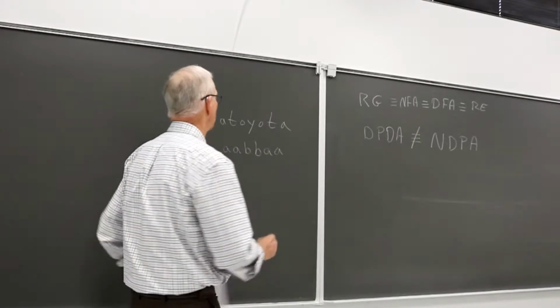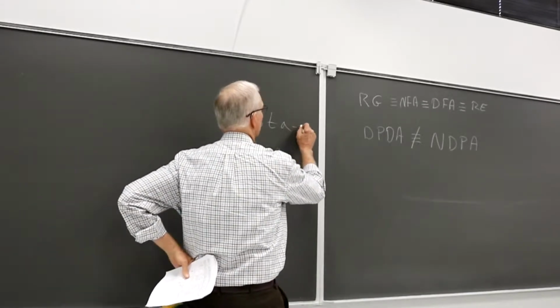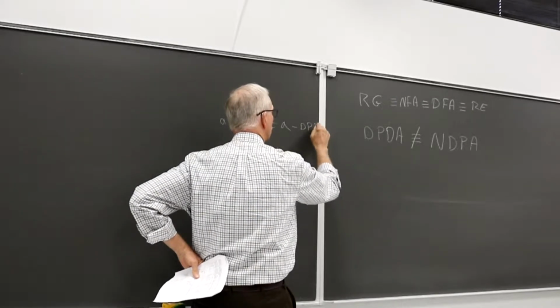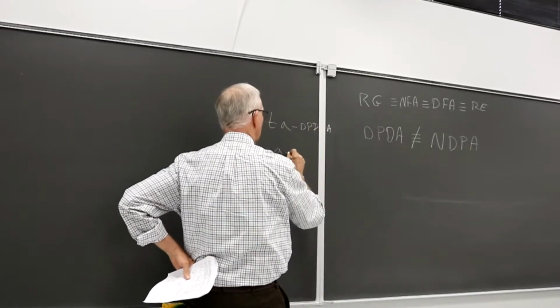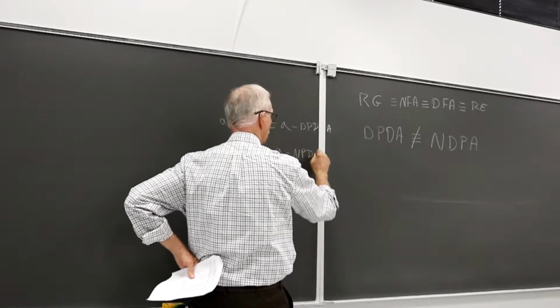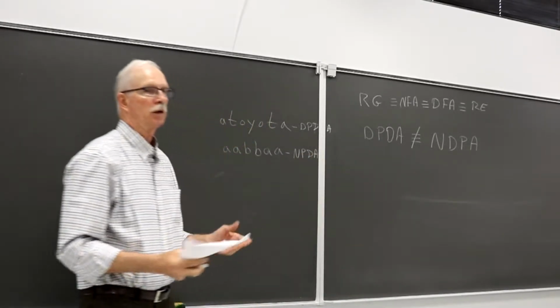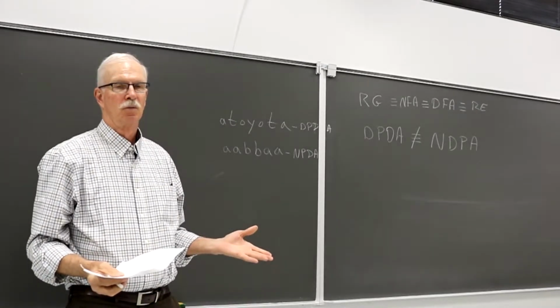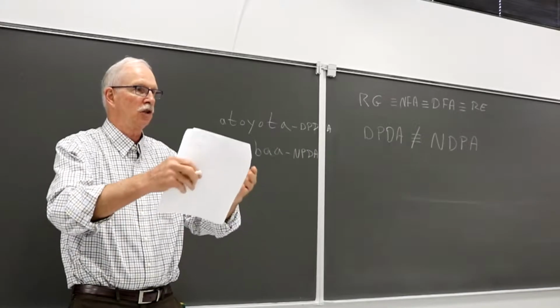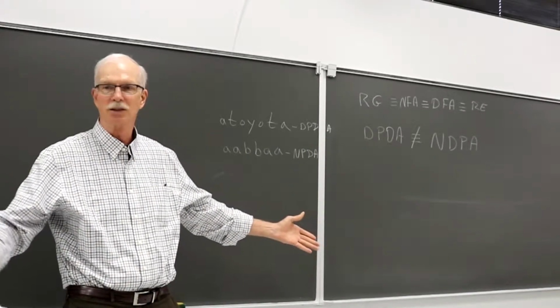So this can't be recognized by a deterministic push-down automata. This could be recognized by a non-deterministic push-down automata because we do them all at one time. Non-determinism essentially gets you infinite parallelism.